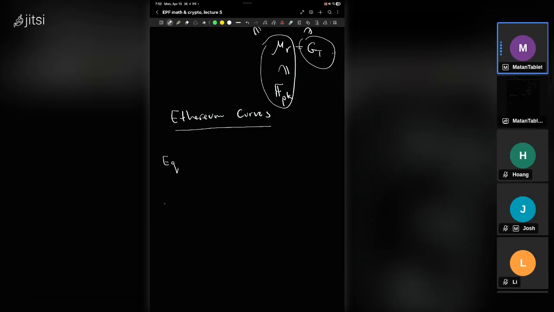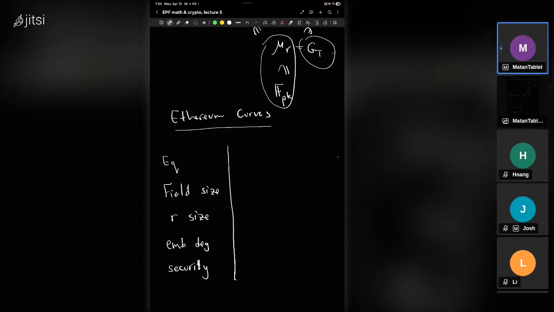The equation, field, size of the prime r, the embedding degree, and the security, the bits of security that you get with these parameters.